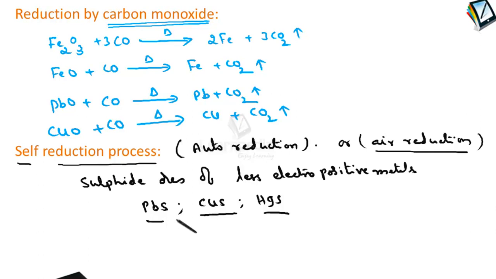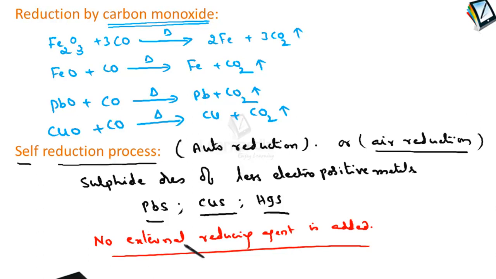So here no external reducing agent is added; we call it the self-reduction process, or since we have just heated with air, it is called air reduction. So in the process, no external reducing agent is added, but a part of the sulfide form of the ore will be oxidized to give the monoxide, and that will react further with the remaining amount of the ore to give the metal.